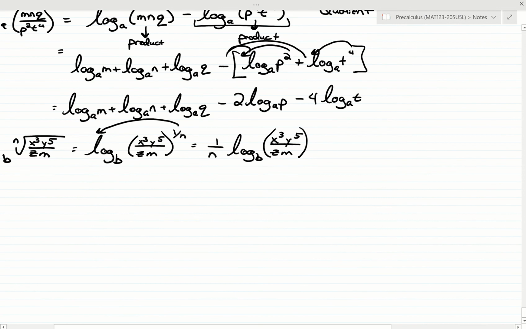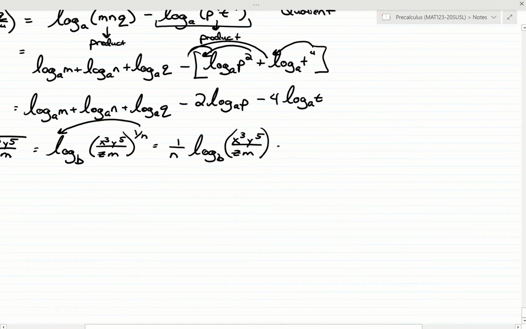Well, now we have a quotient property. So let's write 1 over n times the log of x to the 3rd, y to the 5th, minus the log base b of zm.